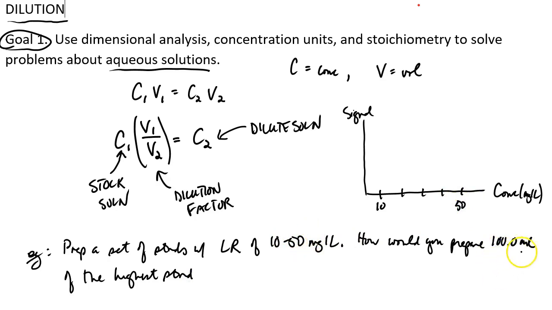How would you prepare 100 milliliters of the highest standard using a stock solution of 945.1 ppm? So I'll give you a minute to read and think about that question.